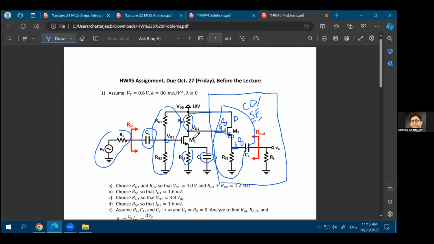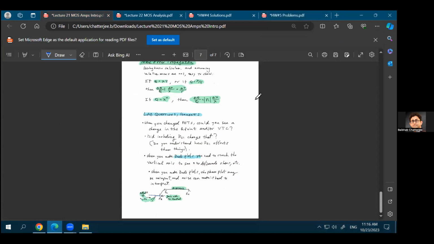And that is because this amplifier is designed to provide some amount of gain, assuming that you have a very high load impedance. If your load impedance is very small, that load impedance will come in parallel with this RD, correct? So that's what we discussed earlier.